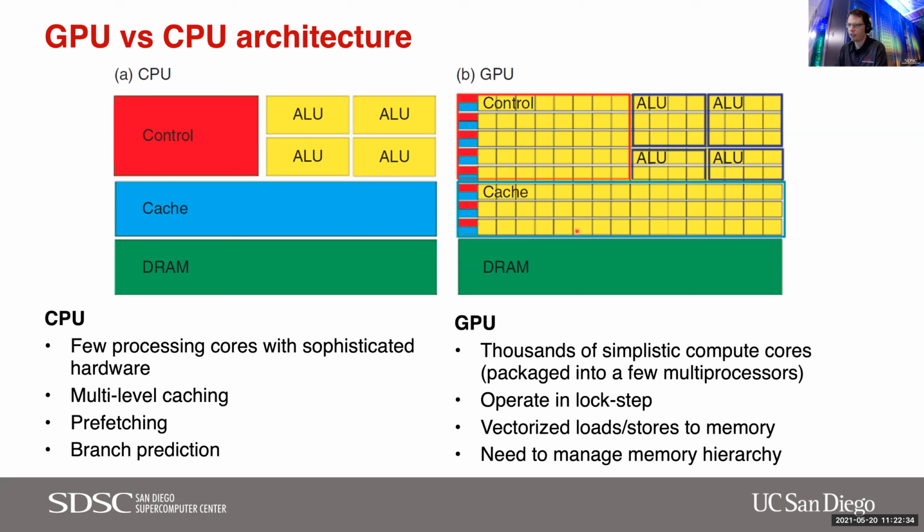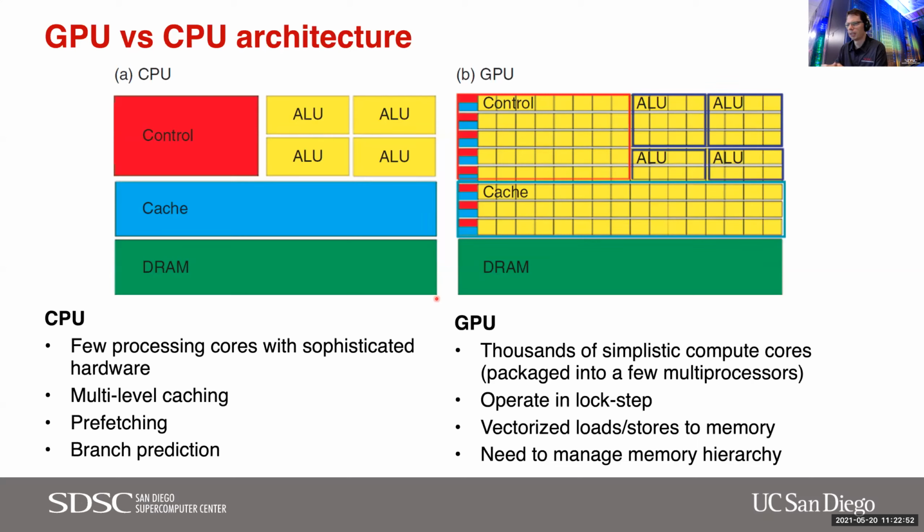What's depicted here schematically, on the left for the CPU and on the right for a GPU, is the real estate, the area of your chip, of the processor.